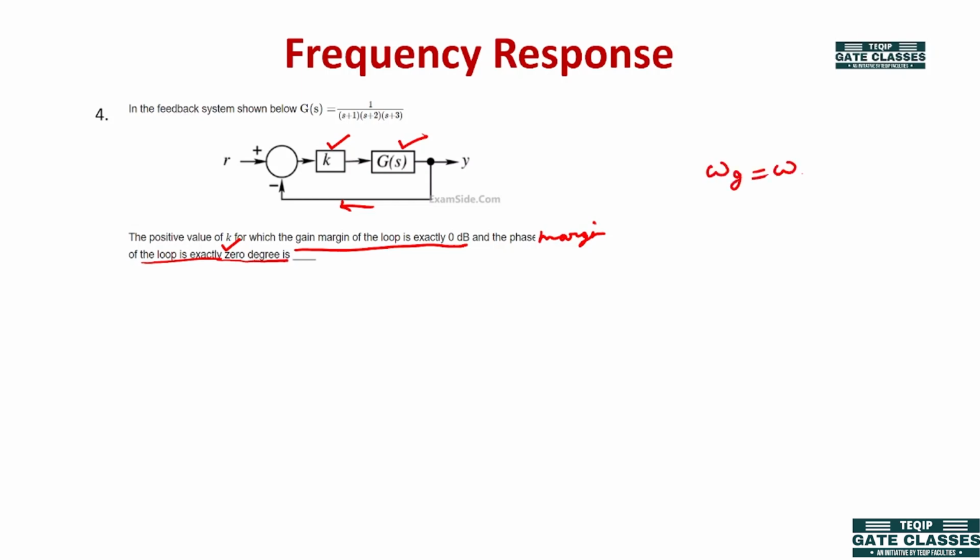Here omega g is equal to omega p, as the phase margin is also 0 degree and the gain margin is also 0 dB. So our gain crossover frequency and phase crossover frequency are the same.